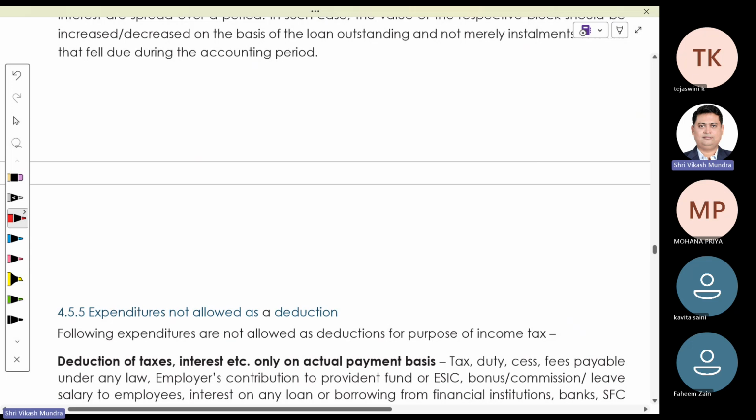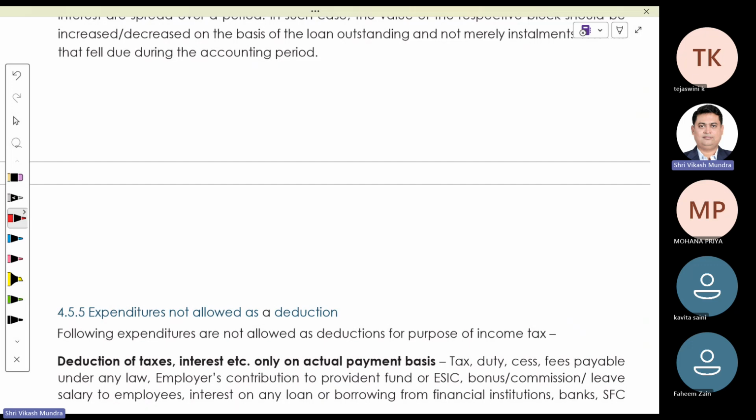Certain expenditure like income tax shall be disallowed. You are not supposed to consider any direct tax as deduction for the purpose of calculating your income, because direct tax is applicable once you have earned your income.